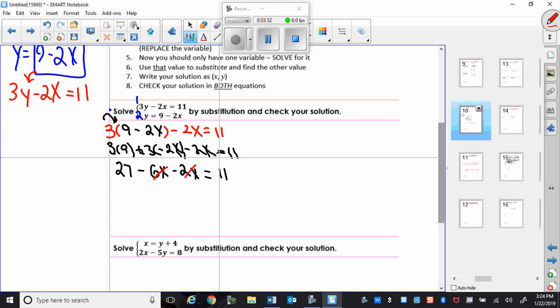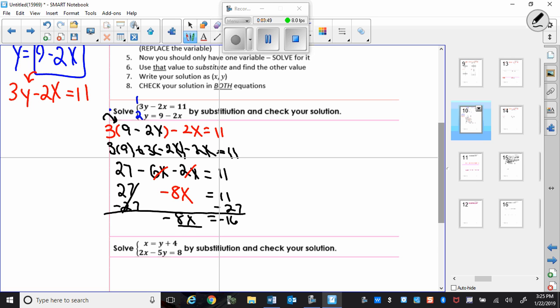Here are my like terms: negative 8x, and then everything else just falls down. Then I subtract 27 on both sides, right? I get negative 8x equals negative 16. Divide both sides by negative 8, and x equals positive 2.